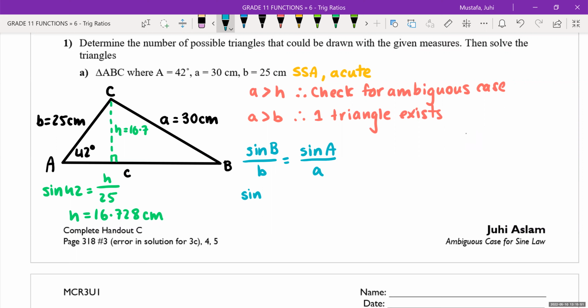Sorry, yeah, that's right. So I'm trying to find sine B, and that's going to be equal to 25 times sine 42 over, I'm kind of substituting and rearranging at the same time. So it's going to be sine 42 times 25 divided by 30.